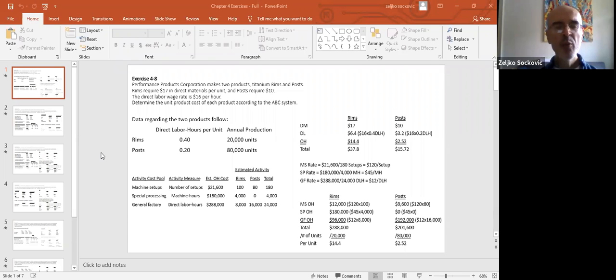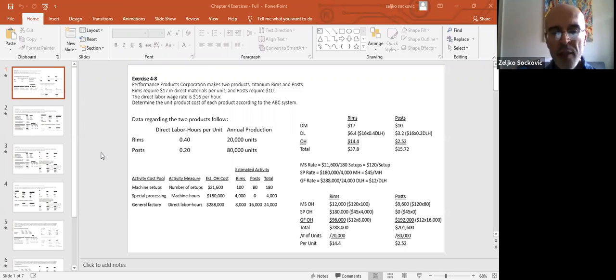I'm not sure what you're saying there, but okay, let me just move on. First of all, you are right in the sense that we said in chapter 2 that we would use an allocation base that is very close to what is causing our costs, right? What is causing our costs? Now, are these number of setups causing our costs really a lot?